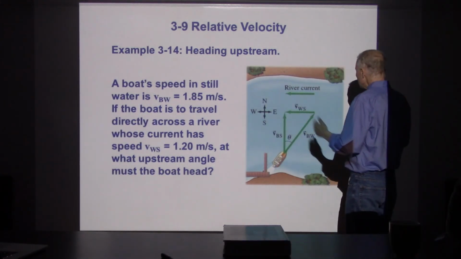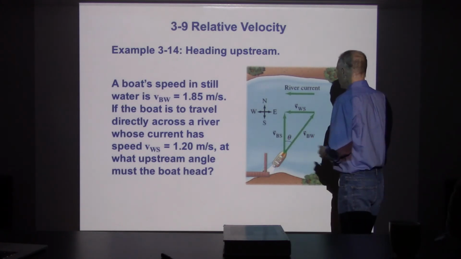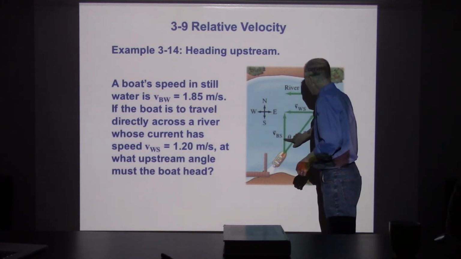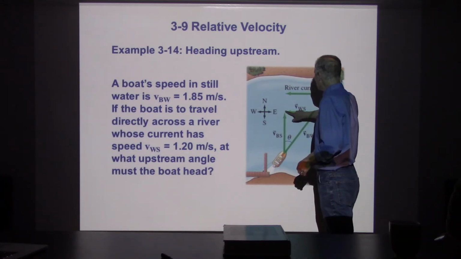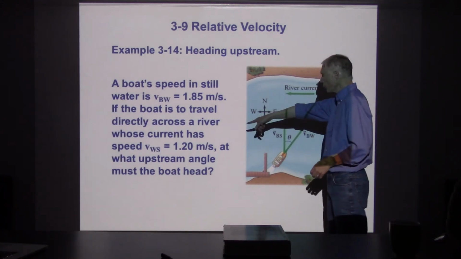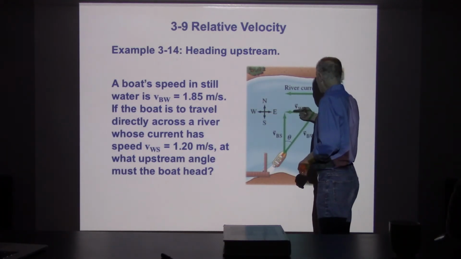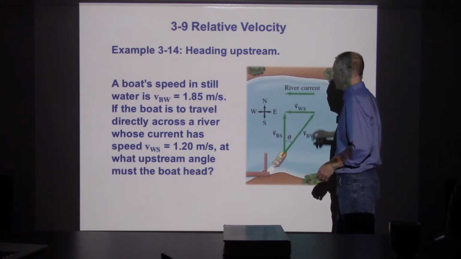What angle should the boat orient itself? And you go, well, let's solve for the right triangle. It's a right triangle. We want the boat's velocity to be here. This is the speed of the water, so this is going to be the 1.2. So the 1.20 is going to be this vector, and then we're going to have this vector as 1.85.